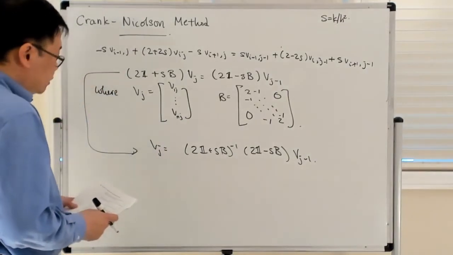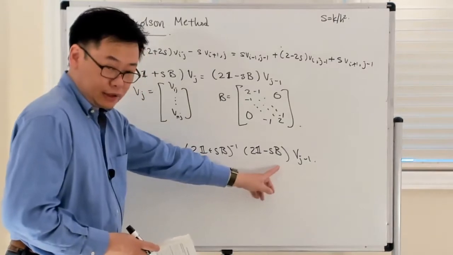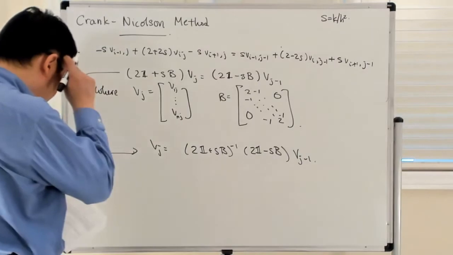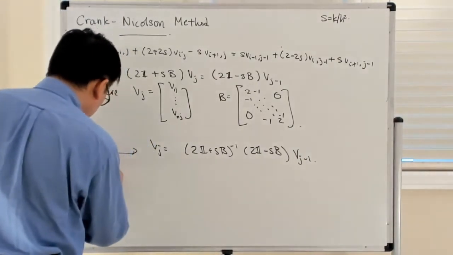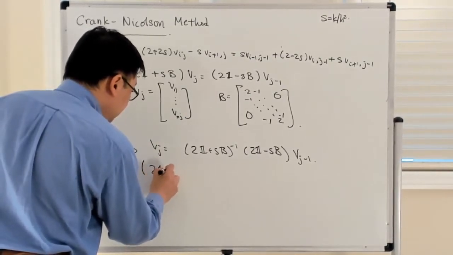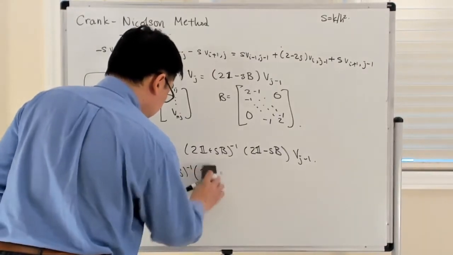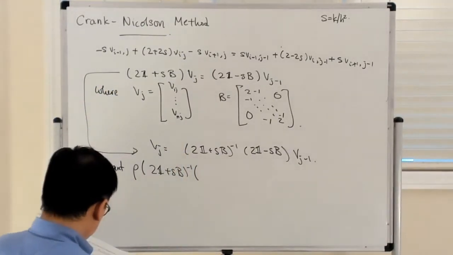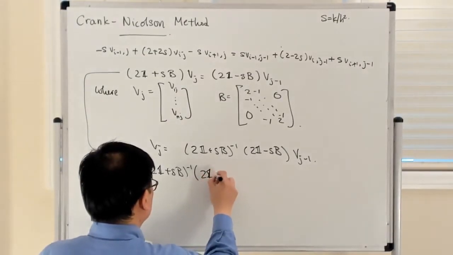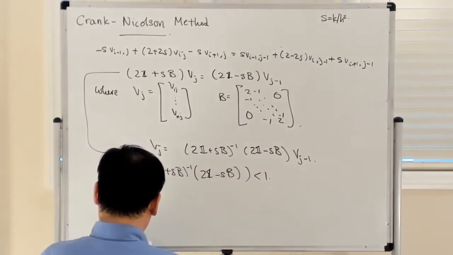So as before, if this entire matrix has a spectral radius which is less than 1, this method would be stable. Okay, so we want the spectral radius of (2 identity plus SB) inverse times (2 identity minus SB) to be less than 1.